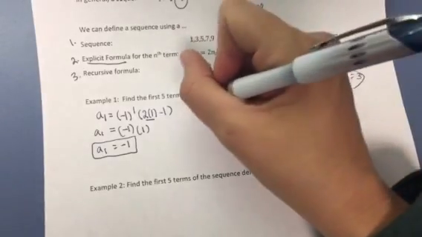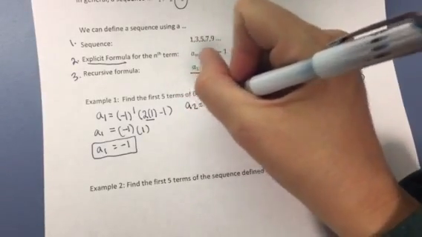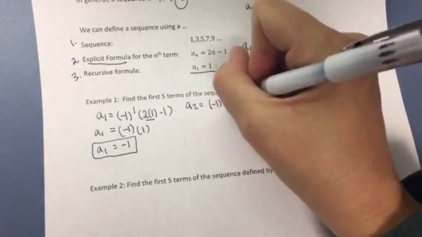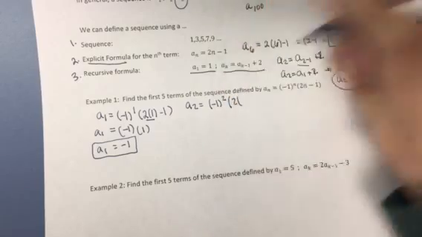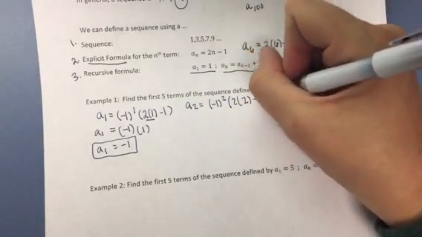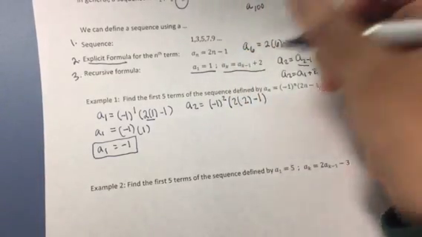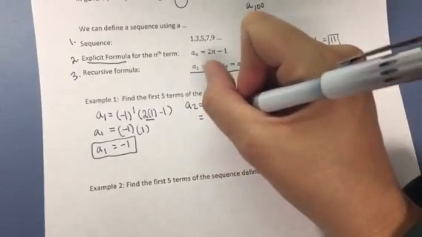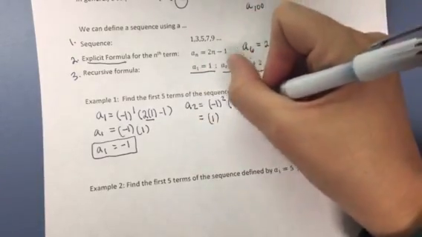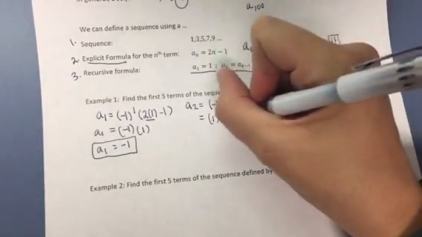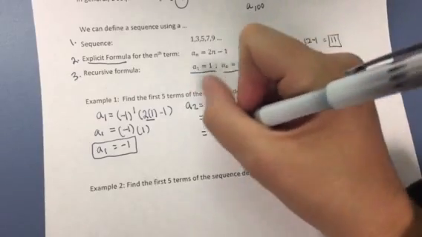All right, so for a sub 2, we're going to do the same thing. Negative 1 squared times 2 times 2 minus 1. Negative 1 squared is positive 1. 2 times 2 is 4. 4 minus 1 is 3. We get positive 3.